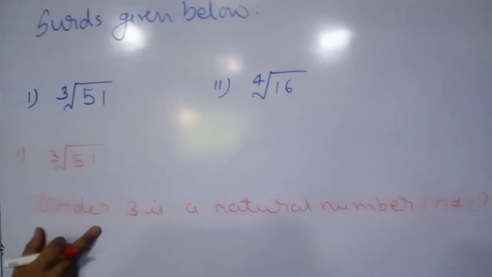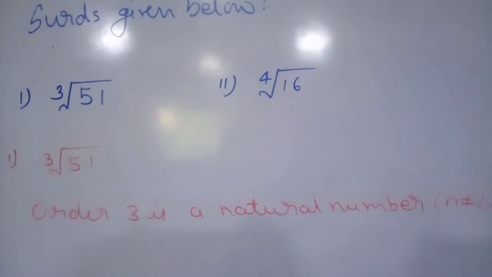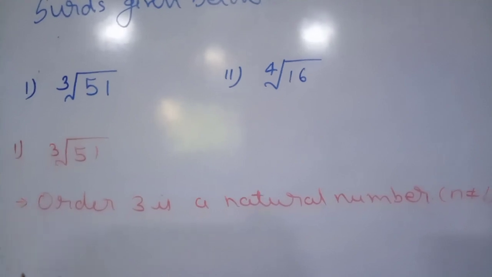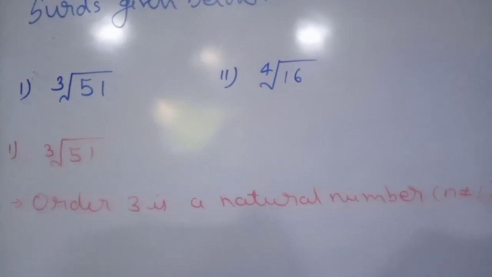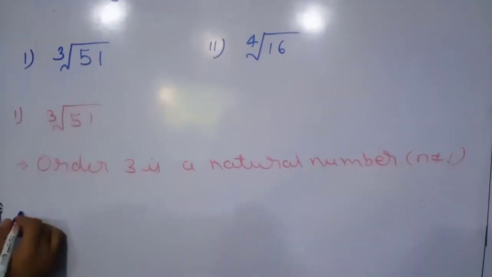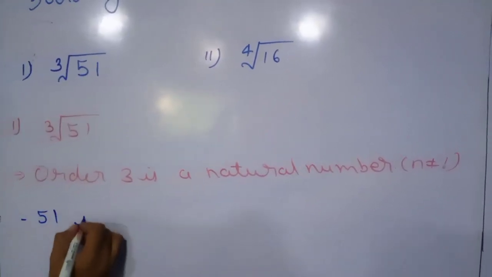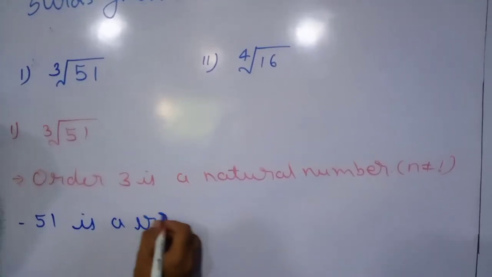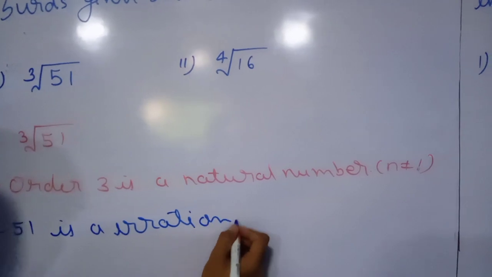Yes, we have order 3 and that is not equal to 1. The first condition is fulfilled. Now the second one, 51 is an irrational number.